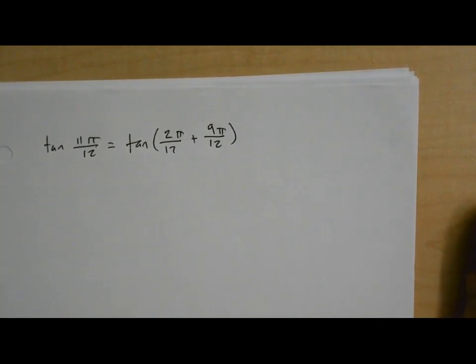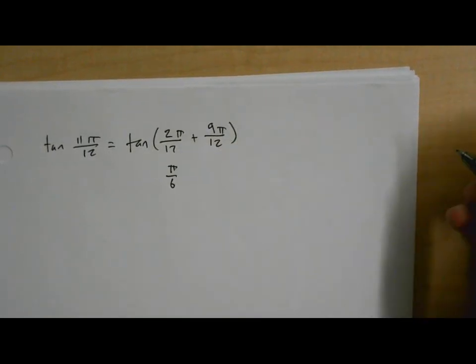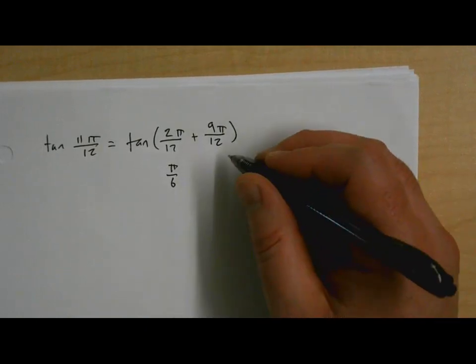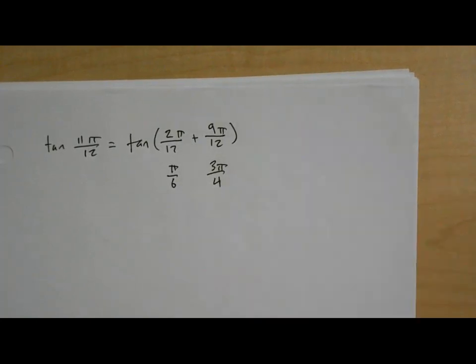That works, doesn't it? Because 2 pi over 12 is pi over 6. And 9 pi over 12 is 3 pi over 4.